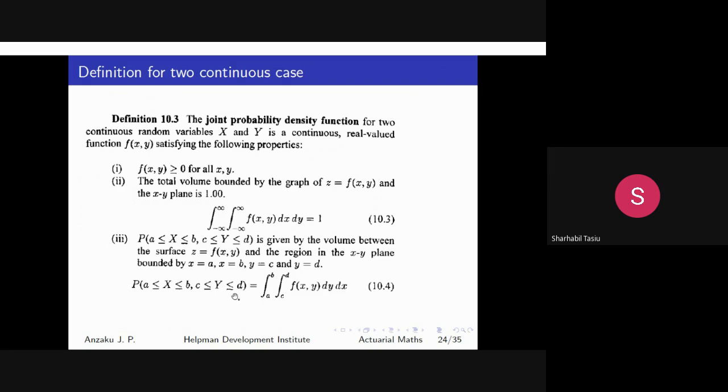So in doing that, we have this integral defined by the boundaries a to b for the random variable x, and then c to d for the random variable y, with dy dx as it should be.